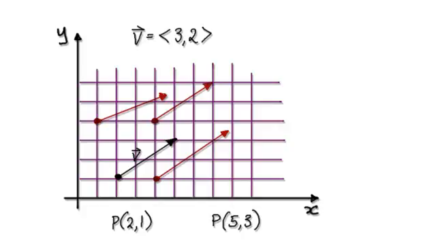Now, position vector. With position vectors, when you move the initial point to the origin, so that it starts at the origin, then you have yourself a position vector.